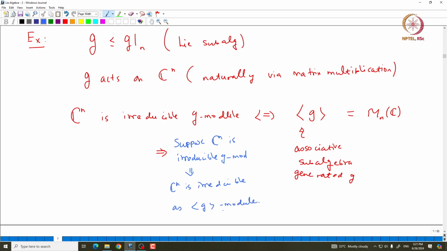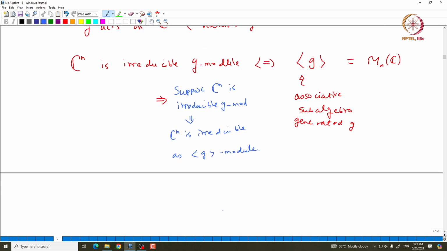So, this is the associative subalgebra generated by G. Now, the density theorem tells you, so this is called the density theorem, that this has to be exactly equal to Mn of C. So, this is one of the applications of the density theorem.